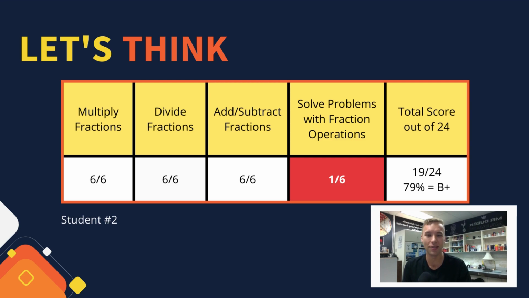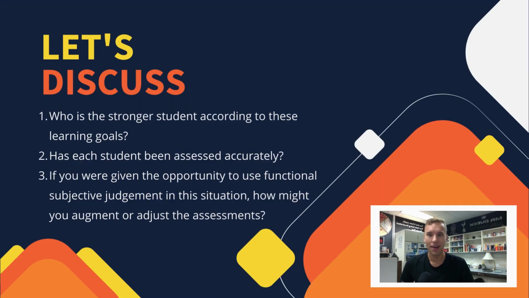But let's discuss: who is the stronger student according to these learning goals? Has each student been assessed accurately? If you were given the opportunity to use functional subjective judgment in this situation, how might you augment or adjust the assessments? Think about these to yourself or discuss with people you are with, and then we will come back together and continue this discussion.